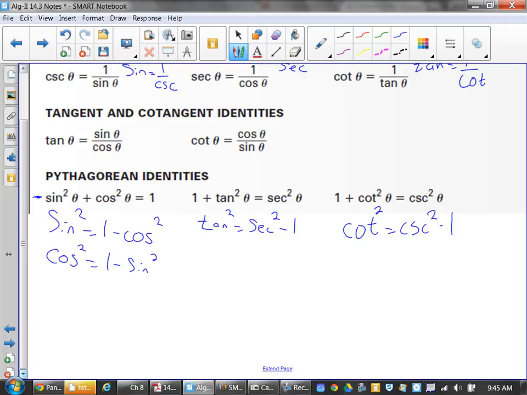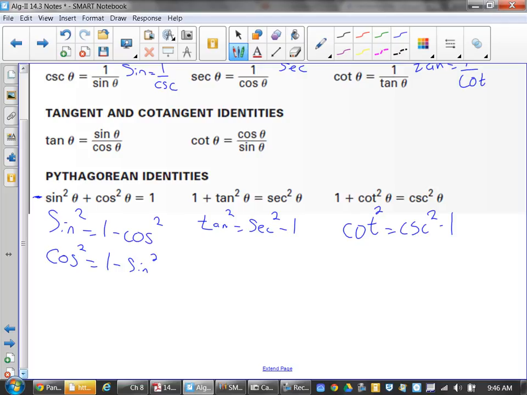If you wanted to be fancy and write in terms of ones, you could. You know, 1 is secant squared minus tangent squared. That doesn't show up very often, nor does 1 equaling cosecant squared minus cotangent squared. Usually, these are the properties that you see.